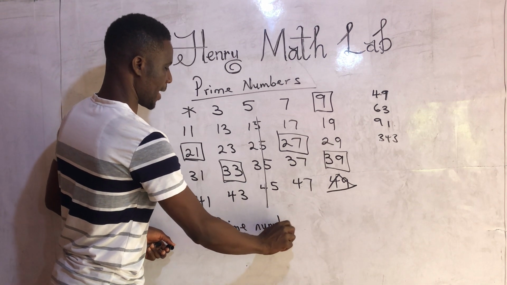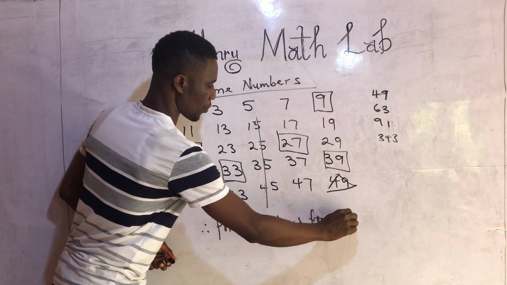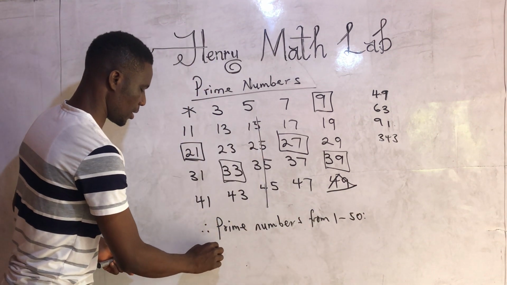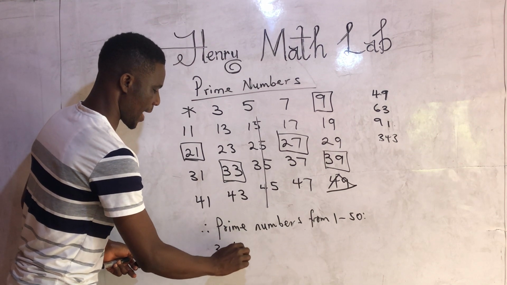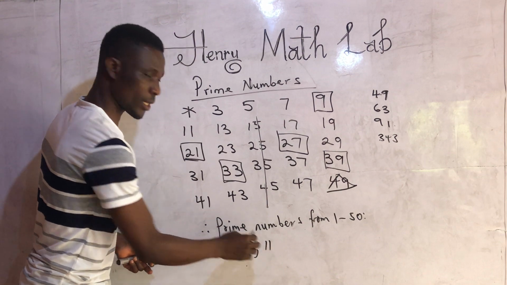So our prime numbers from 1 to 50 include, call them out with me, 3, 5, 7, the next one, 11.